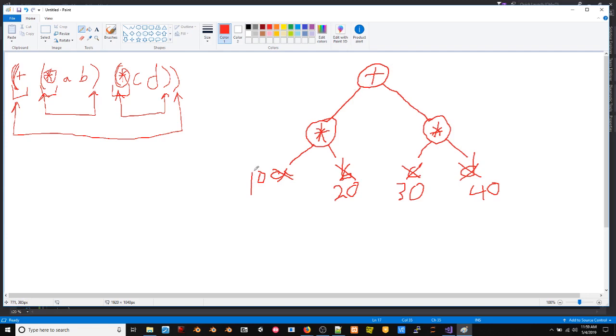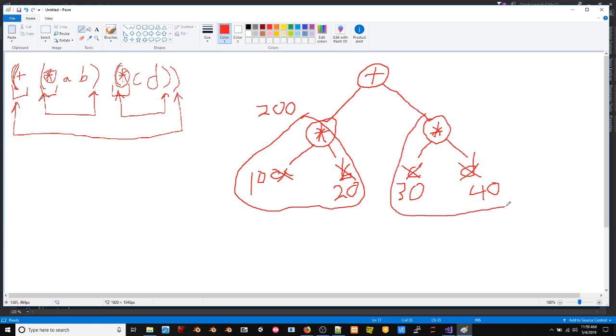So to do that, we would evaluate this whole thing, and this whole thing would return 200, right? And then we would evaluate this whole thing, and this would return 3 times 4, 12, add 2 zeros, 1200, right?